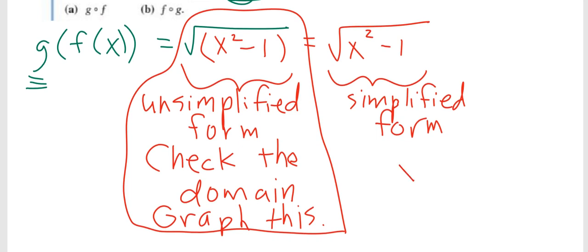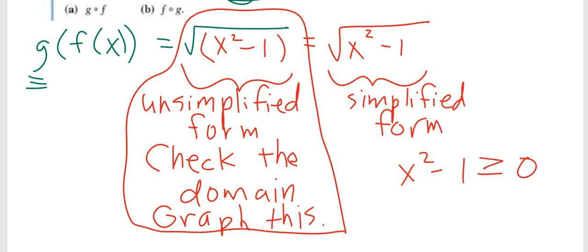In fact, what do you know about x squared minus 1? Well, that's true. We could factor it. I don't think that's going to help, but it might. So x squared minus 1, since it sits under a radical, means that it has to be greater than or equal to 0.